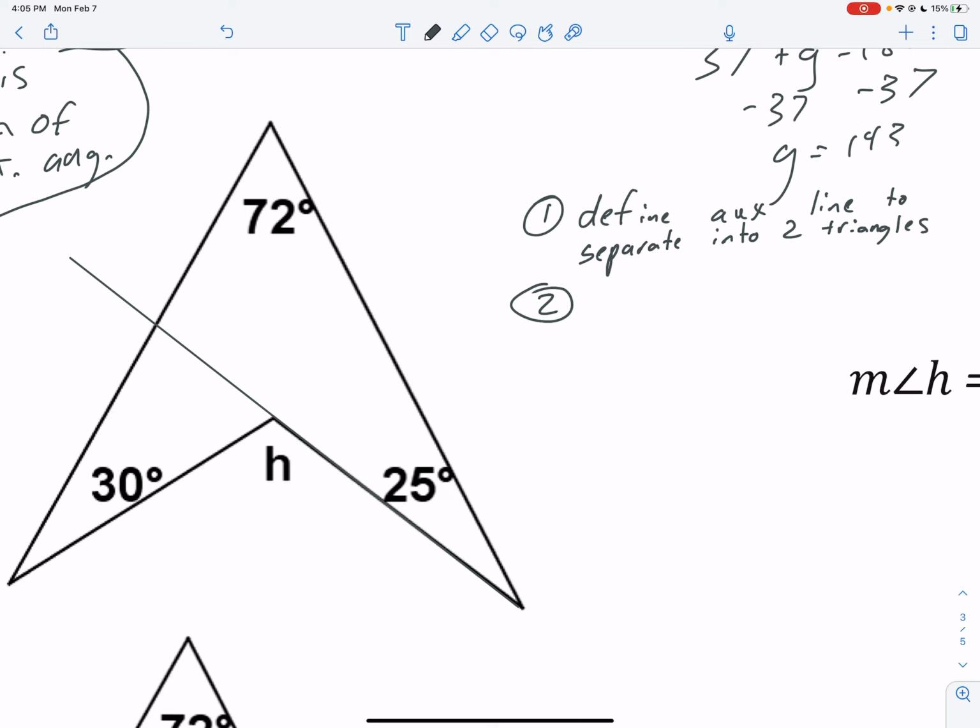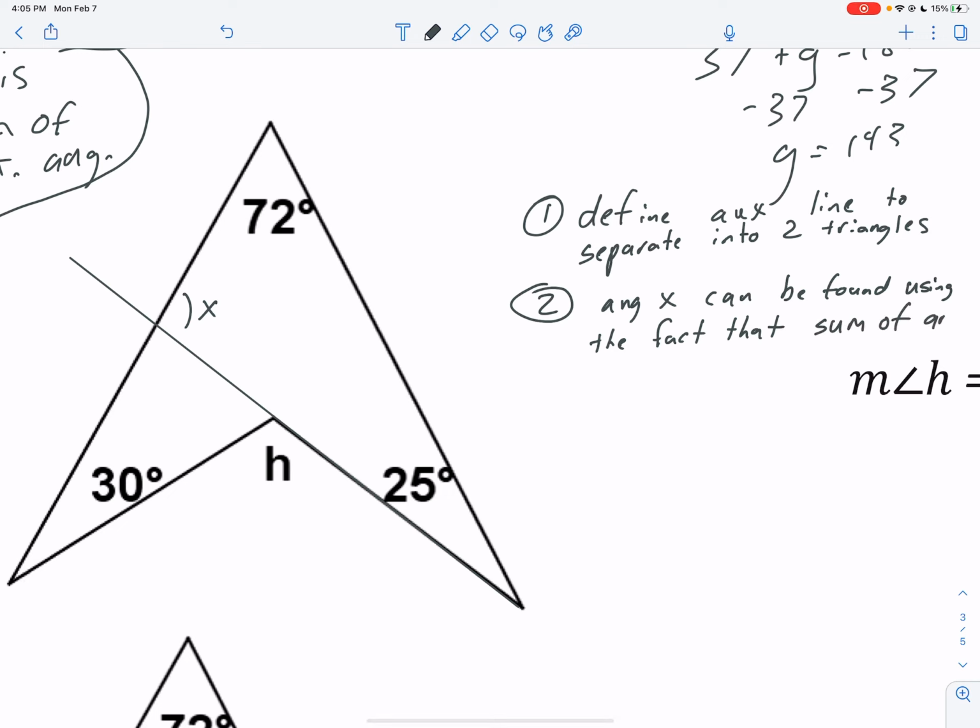And then I'm like, okay, well, I'm going to call this angle X. So angle X can be found using the fact that the sum of angles in a triangle equals 180.